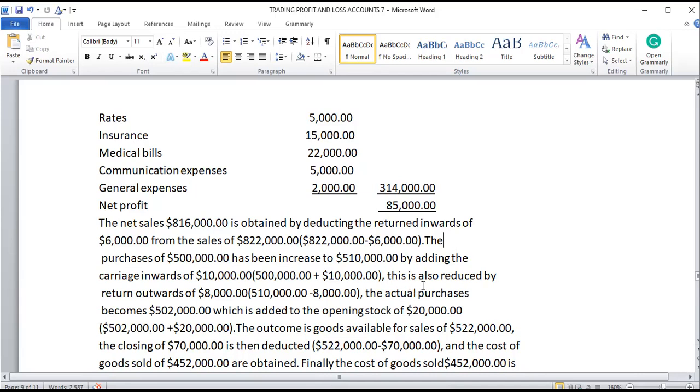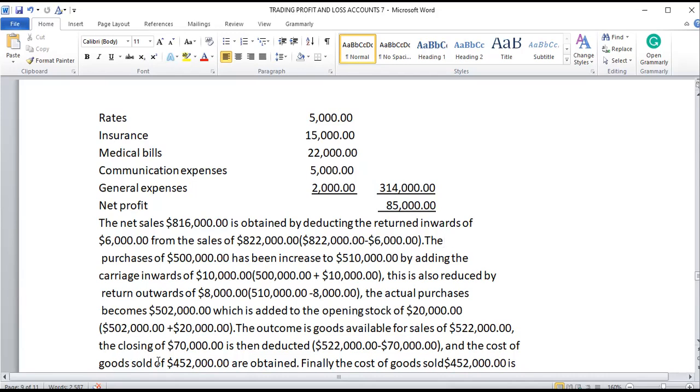$510,000. This is also reduced by return outwards of $8,000. They return the goods, some of the goods. So it's $510,000 minus the return outwards of $8,000. Then the net purchases becomes $502,000, which is added to the opening stock of $20,000. The outcome is goods available for sale of $522,000.